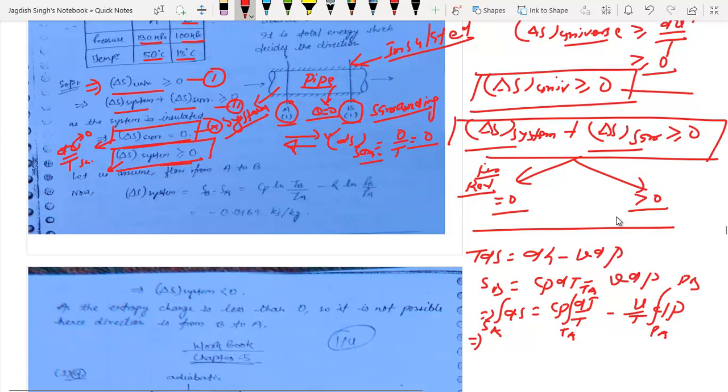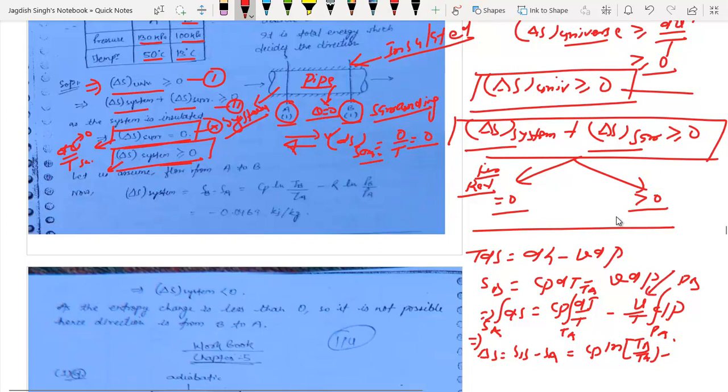So you can find this del S, which is equal to SB minus SA, is equal to Cp ln TB by TA minus V by T dP.